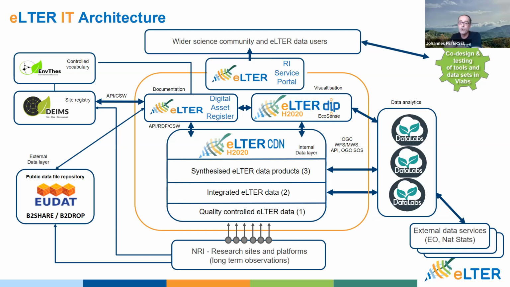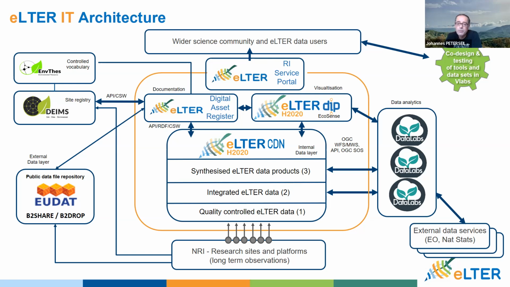And the main part, there is this data layer, the central data node, which manages data from the eLTER according to different data processing levels, from quality control integrated data up, and that's something we are developing at the moment to synthesize the eLTER data products, which should integrate data from a wide range of sites.